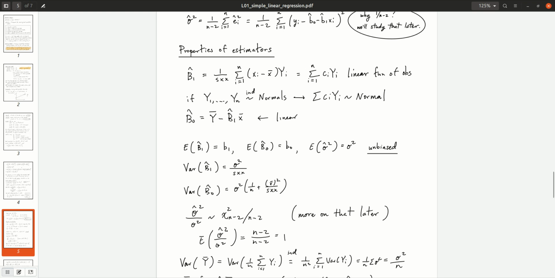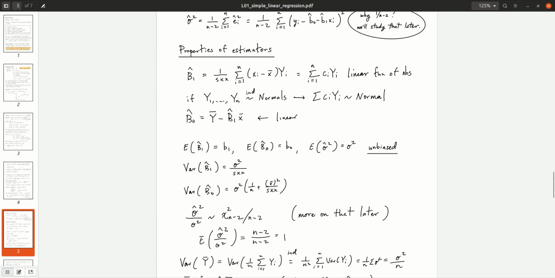If you think about what this function is, it's actually a linear function of the observations. What I mean by that is you could rewrite it as a sum from i equals 1 to n of a coefficient ci times the random variable Yi, where ci is just xi minus x bar over Sxx.